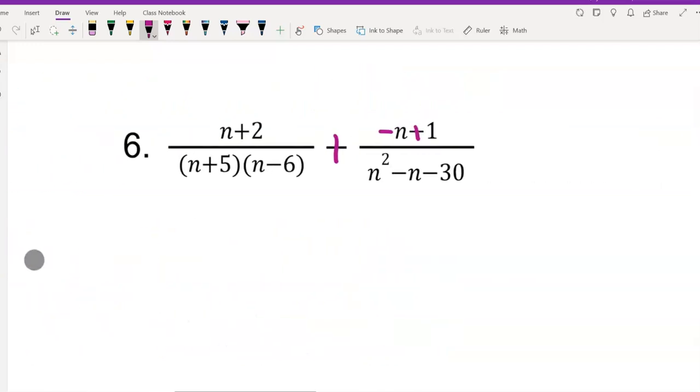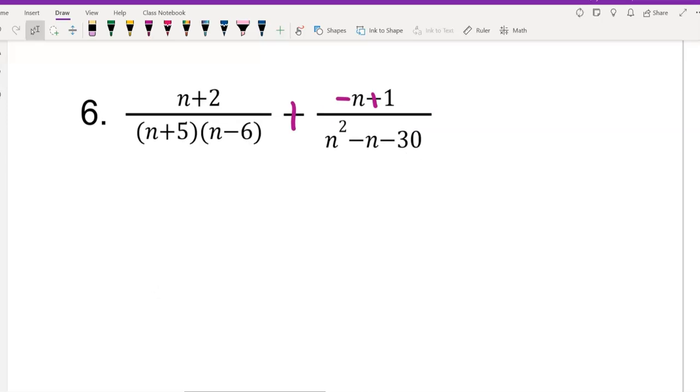All right, now moving on to this one. We already changed it. I'm going to show you one more time. From a negative to a positive and distributed the negative. Now we need to find common denominators. Here I have n plus 5, n minus 6, and here I have a quadratic.